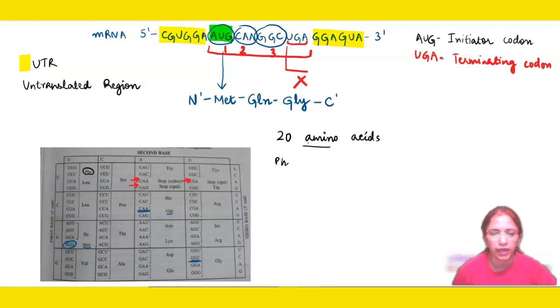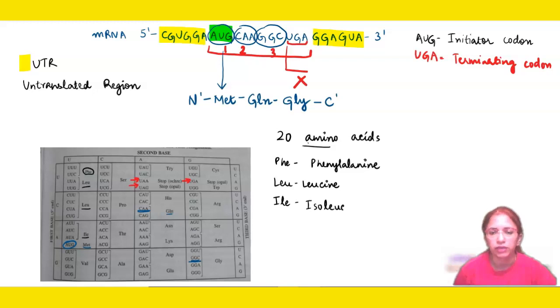So PHE means we are talking about phenylalanine, okay? Next is leucine, right? So leucine is the second one. Then here also it is LEU. So LEU means again the same. Here the next one is isoleucine. So we will be writing this.